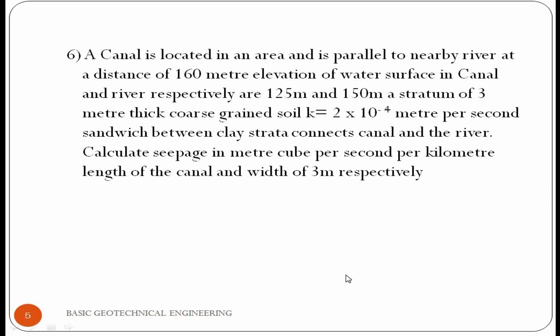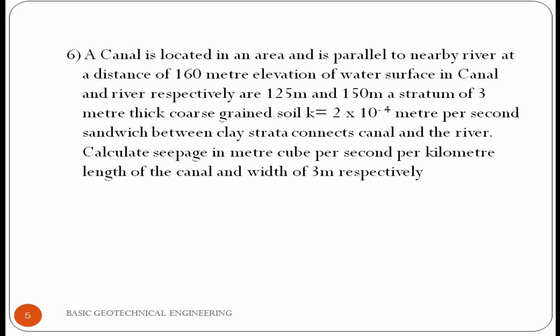So now let us solve one more problem. Here a canal is located in an area and is parallel to a nearby river at a distance of 160 meter. Elevation of water surface in canal and river respectively are 125 meter and 150 meter.